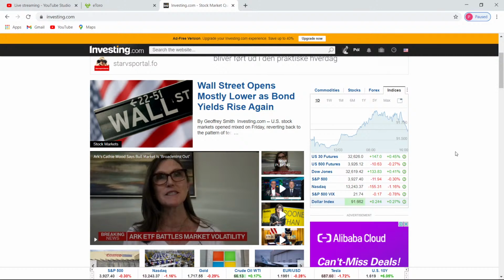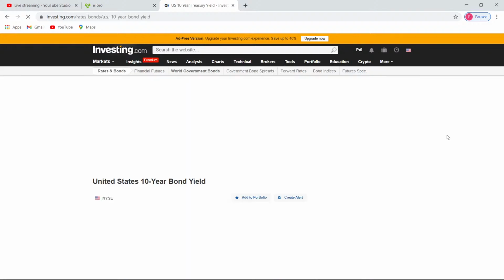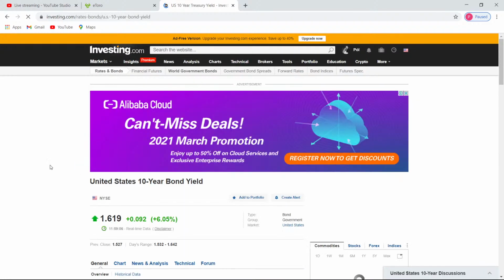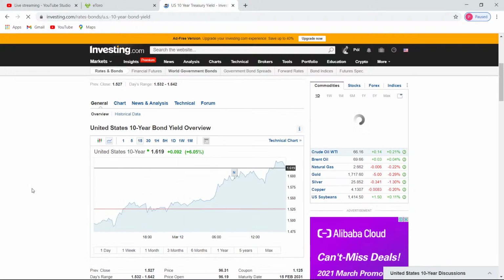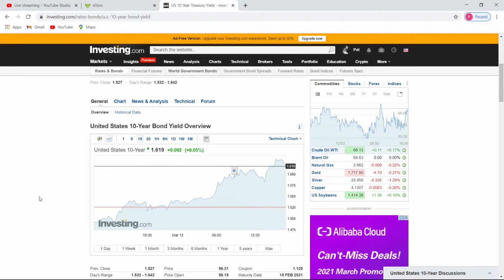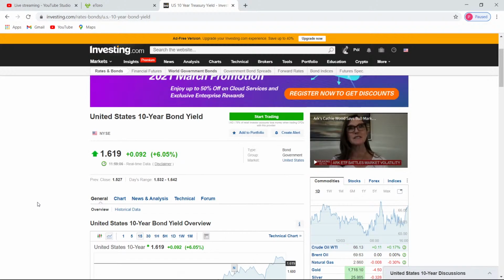So yes, probably the biggest news today is, for example, that the US Treasury yield, which we have down here and can put up on the screen, is up 6%. It's 1.619 at the current stage, and that is a massive increase for a day.